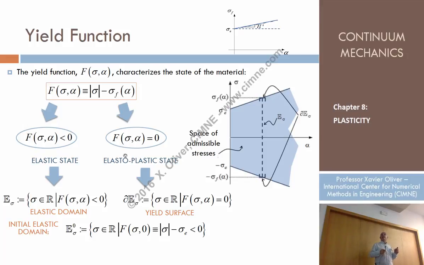And f of sigma alpha greater than 0 is assumed to never be possible. So, in other words, as a point tends to exceed those limits, we are going to make alpha grow so that this stress state goes to the boundary. I'm anticipating what is happening. So this is the axiomatic role of the yield function.